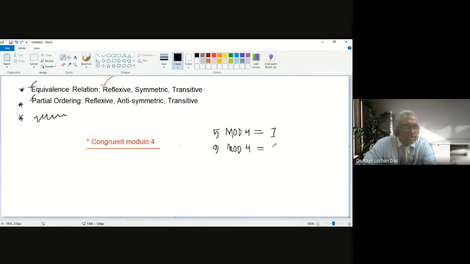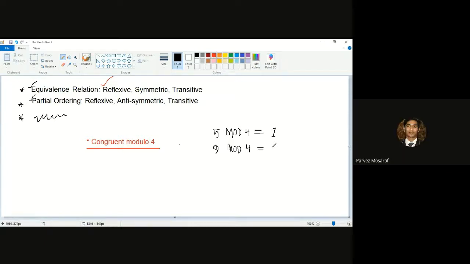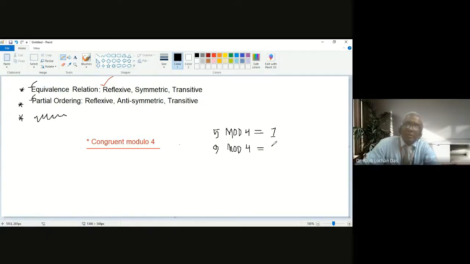No. Check it again. Calculate and give me the answer. How can you find the mod? You divide 9 by 4 and then you get the remainder. So it is 1. Correct. So what will be 17 mod 4? It is also 1, sir.